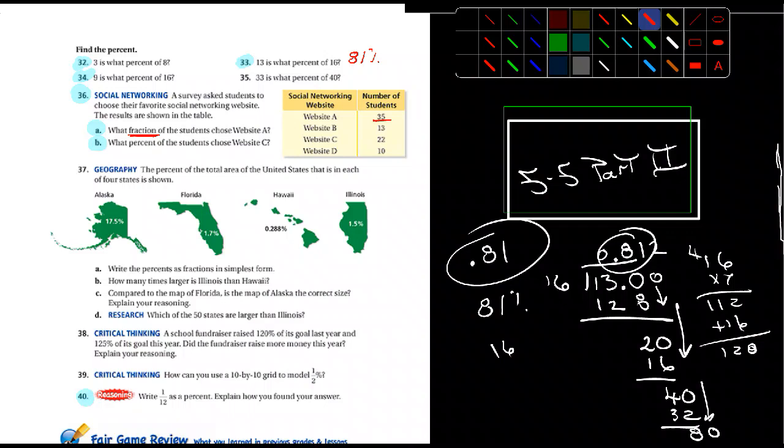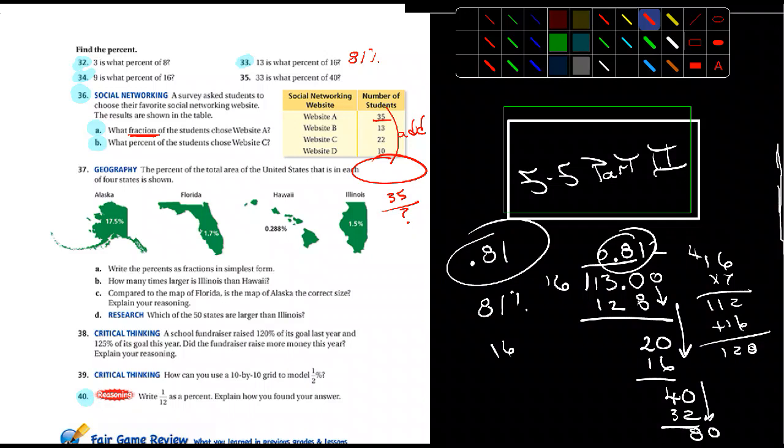How would I figure that out? I think you add all the number of students together and then you get the total. That's right. You've got to add up all these, and then you're going to get a total. I'll let you figure that out. But 35 would be over that number, and that would tell you what fraction of students chose website A.